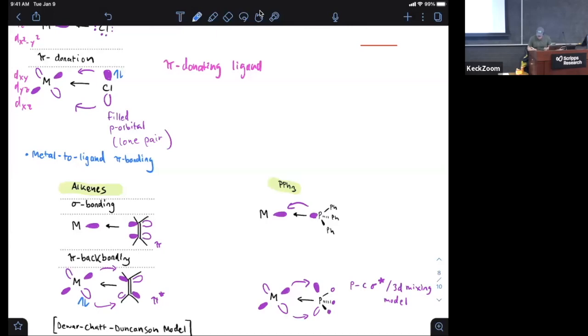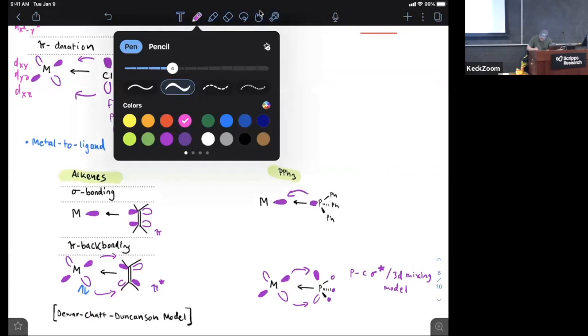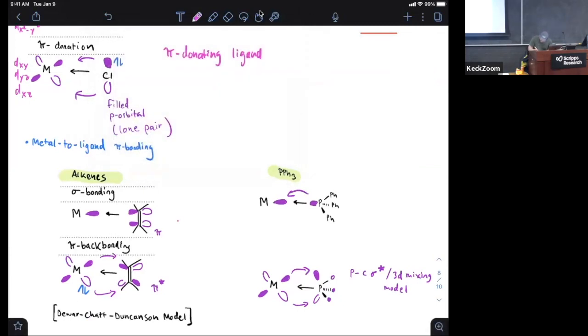That orbital is filled, it can donate electrons into the pi star orbital. And these are called pi accepting, pi acceptors.